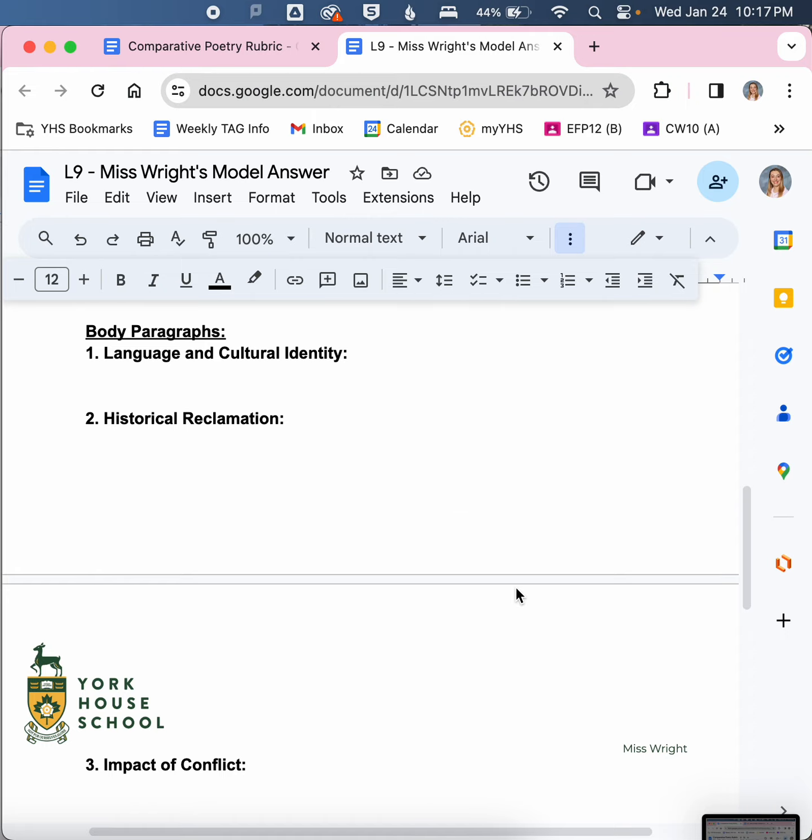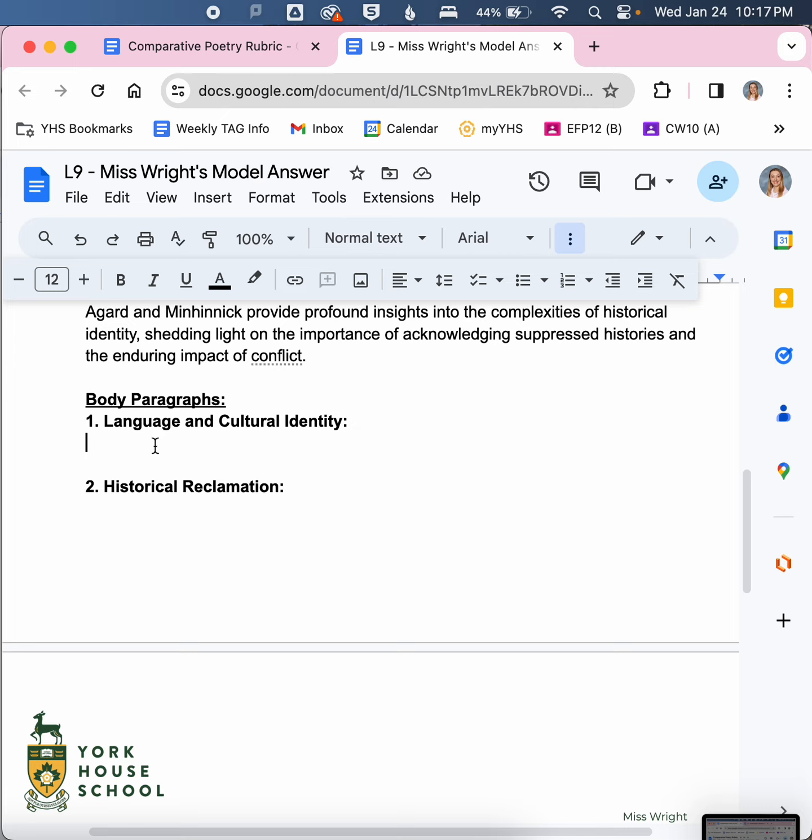So the first paragraph that I would like to focus on is language and cultural identity. So these are two things that I've planned to discuss regarding both poems.